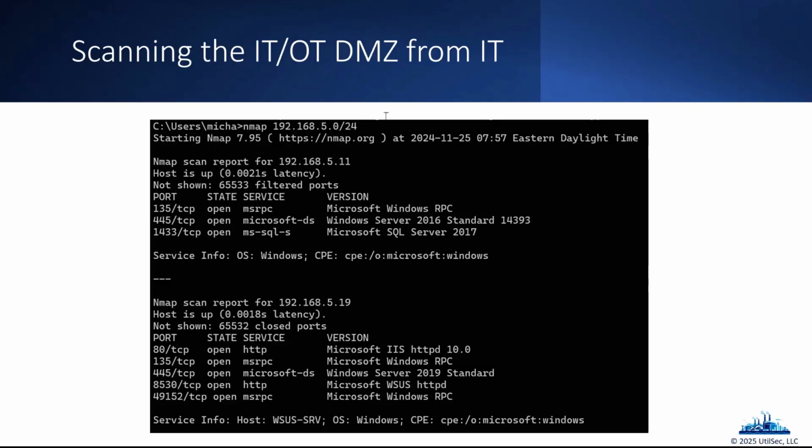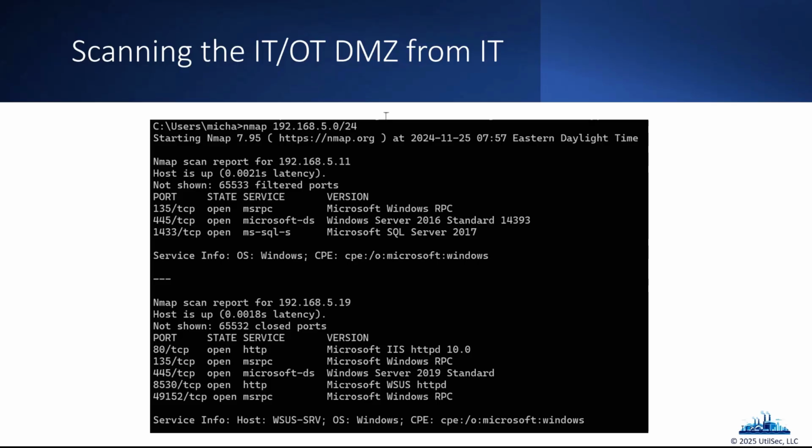And you can see even here, just by having those open on the firewall, which more than likely they don't need to be, we can even find out information about what type of host is there. We can see the specific version, even, of Windows Server 2016. We can also see that it's running Microsoft SQL Server 2017.